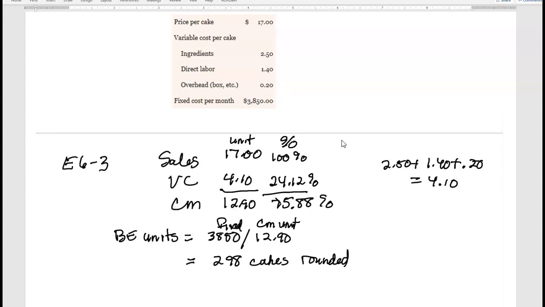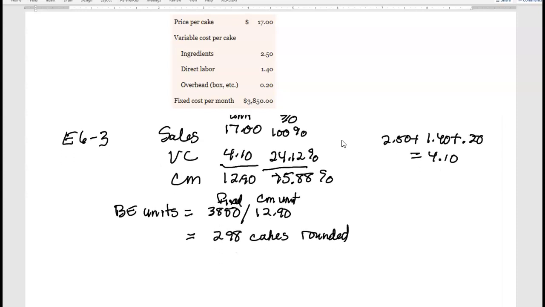Now I can do one of two things here to find break-even dollars. I can take 298 times my sales price of $17 and come up with 5,066.